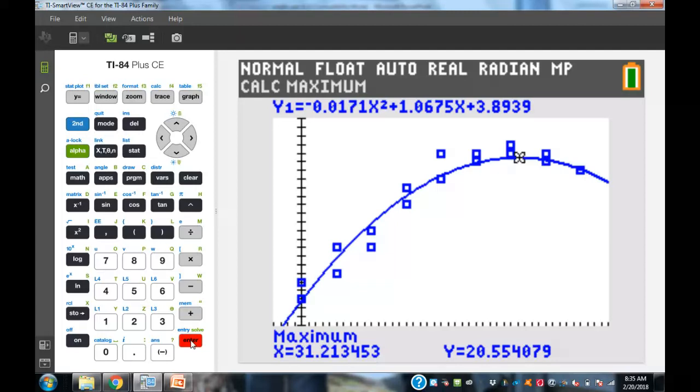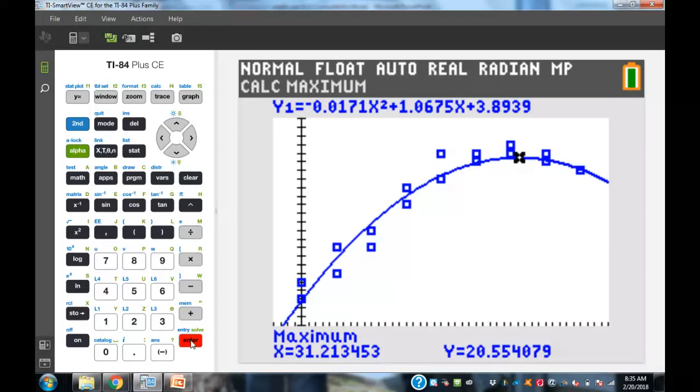And here it finds the maximum at a fertilizer amount of 31.2135 and a yield of 20.5541. You round to 4 decimal places. That finds us the vertex.